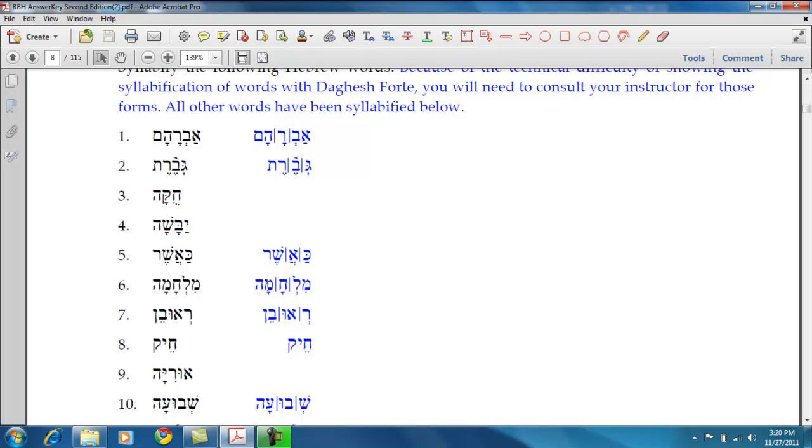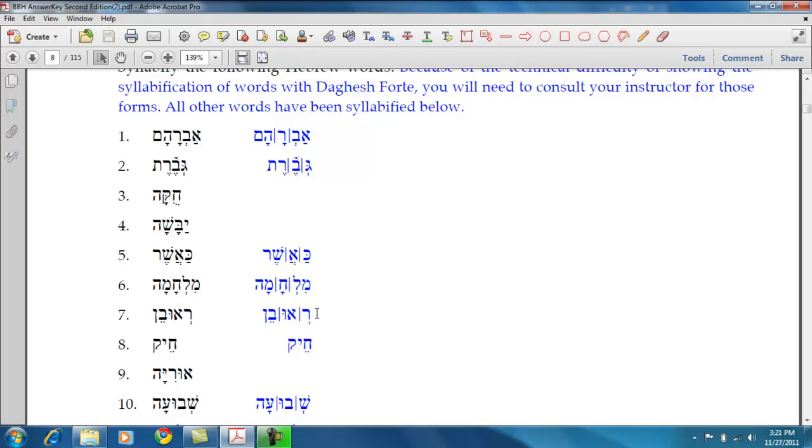All right, we go down to number 7 here. We have re, u, ven. We would break it off between the resh and the shva. Remember, resh is the only semi-guttural that actually takes a vocal shva. That's why it's called semi-guttural.